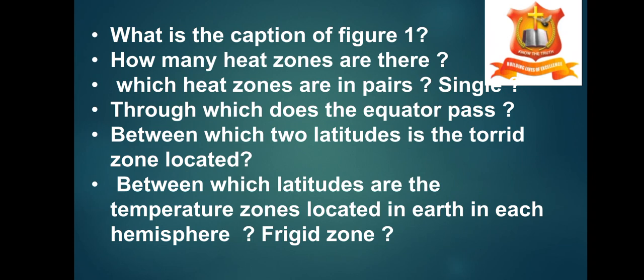Through which zone does the equator pass? The equator passes through the center of the torrid zone. Between which two latitudes is the torrid zone located? The torrid zone is located between the Tropic of Cancer and the Tropic of Capricorn. Between which latitudes are the temperate zones located on earth in each hemisphere?